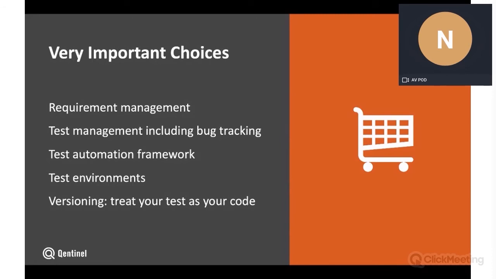Often what we see in companies is that someone gets a task of doing test automation, they start developing test cases on their machine, and there is no version control whatsoever in those test cases. So you don't know what things have changed, when they have changed, who has changed them. There's no process of tracking them down. Now, when I say treat your test as your code, what I'm not saying is that you write your test as your code.